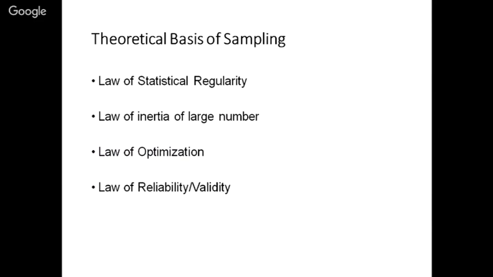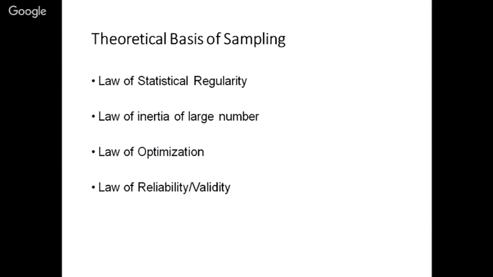This is considered as the law of inertia of large numbers. For example, being a researcher, I want to study how many times I will get 5 heads and 5 tails when I toss a coin. If I select to toss that particular coin 10 times, there are minimum chances that I will get 5 heads and 5 tails.